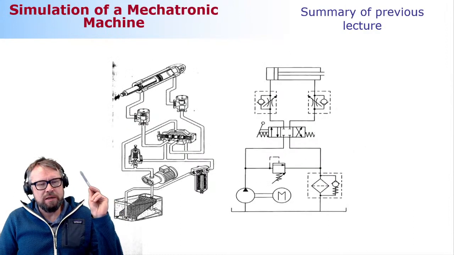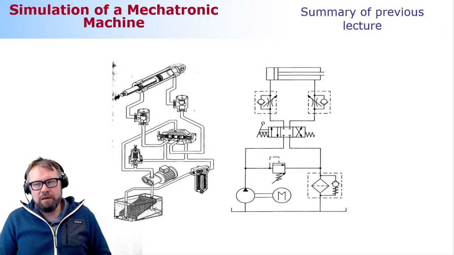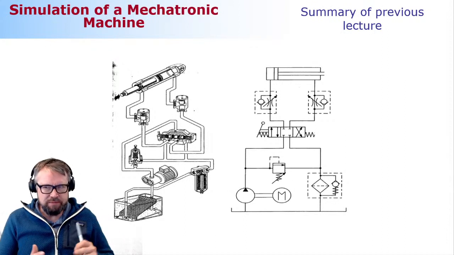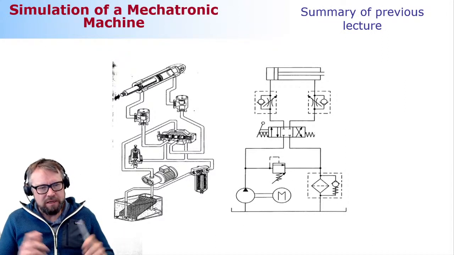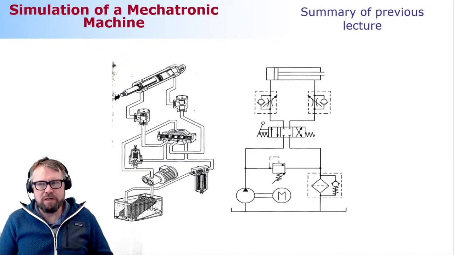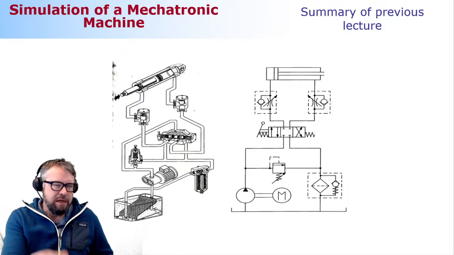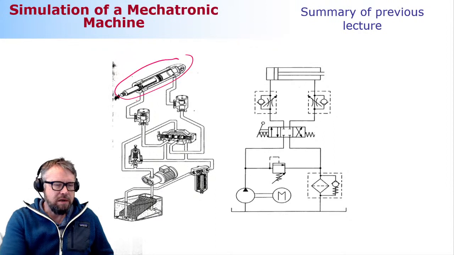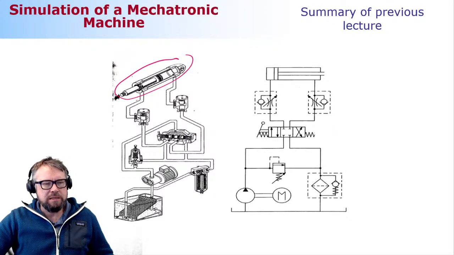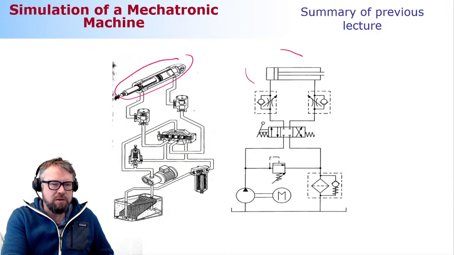First of all, I shortly mentioned last week that you need to be familiar with the drawing symbols associated with hydraulics. What I mean is this is how the hydraulic circuit looks in real life. In this hydraulic circuit, we have the hydraulic cylinder here, and the drawing symbol for a hydraulic cylinder is the one shown here.